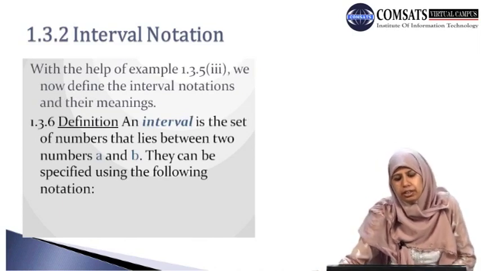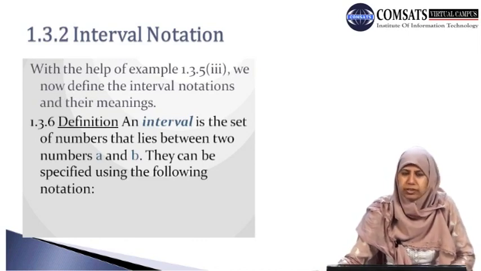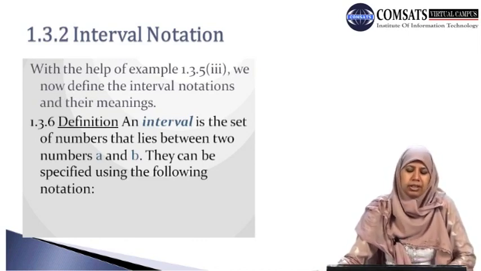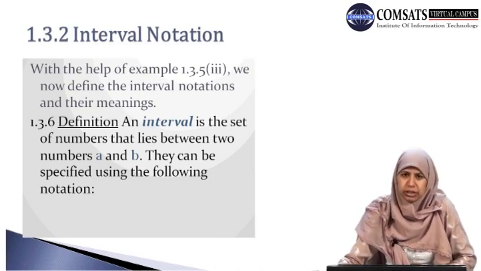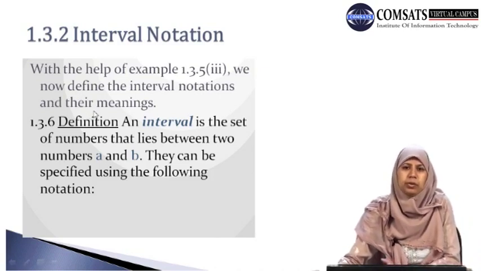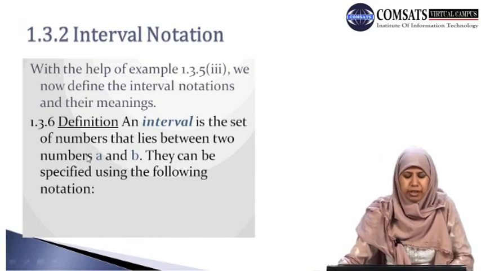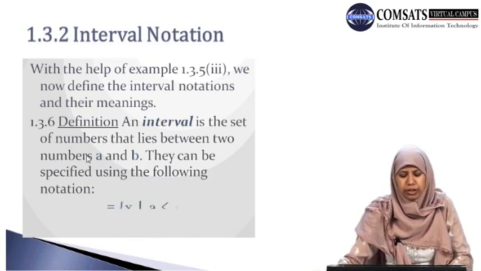So first we define the interval mathematically. An interval is the set of numbers that lies between two numbers a and b. That is, if a and b are two numbers, particularly real numbers, then the interval is the set of all points lying between a and b. They can be specified using the following notation.